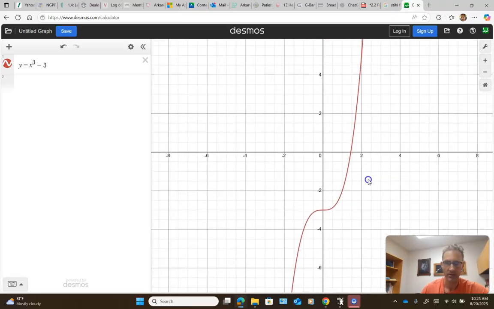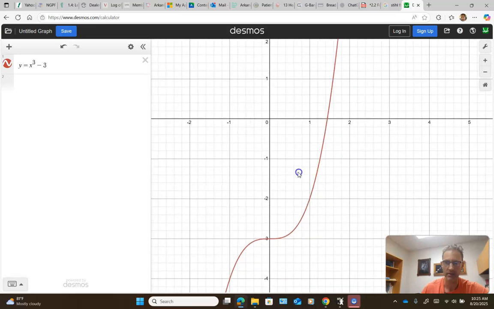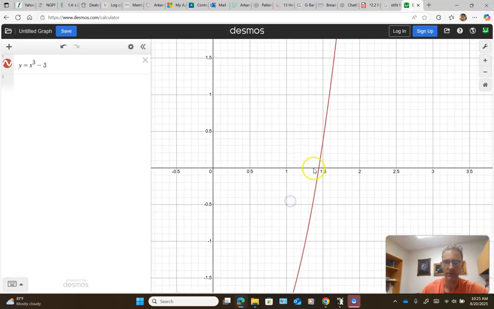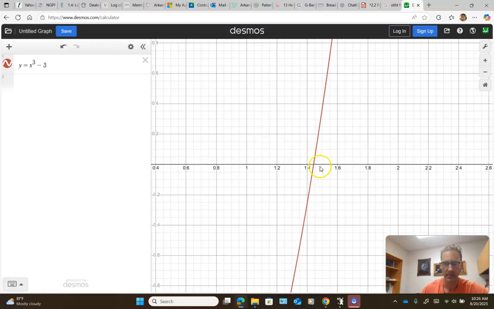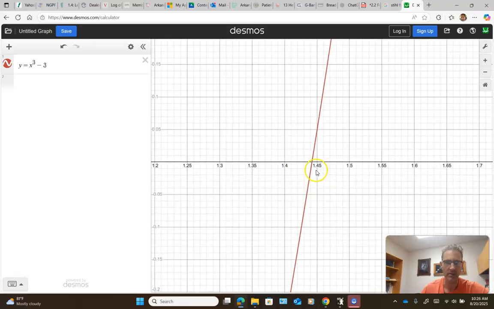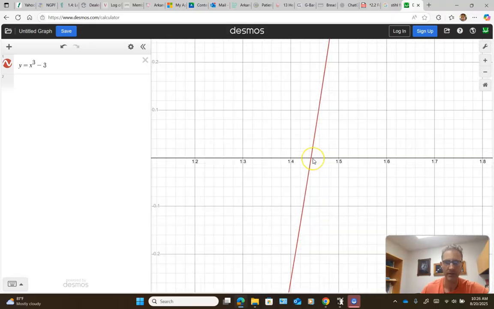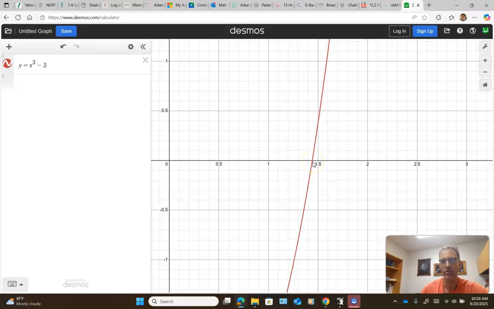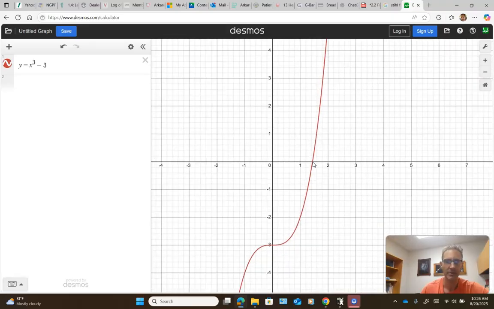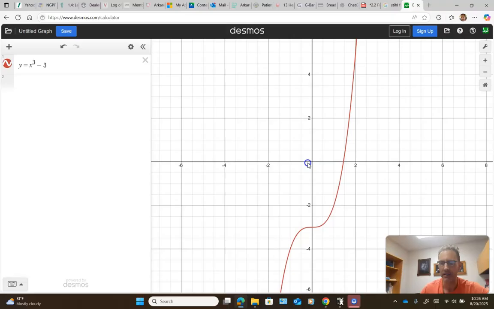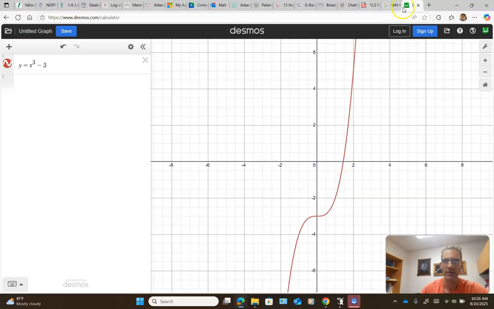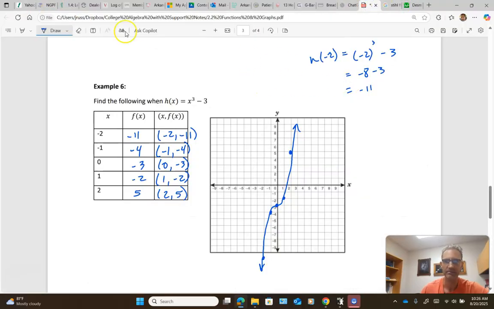Or you can really zoom in. This is a really nice feature. If I was trying to get a good approximation of where this function crosses the x-axis, I could just keep zooming in and zooming in. Your calculator will do that as well. It's just not as pretty as it looks here in Desmos.